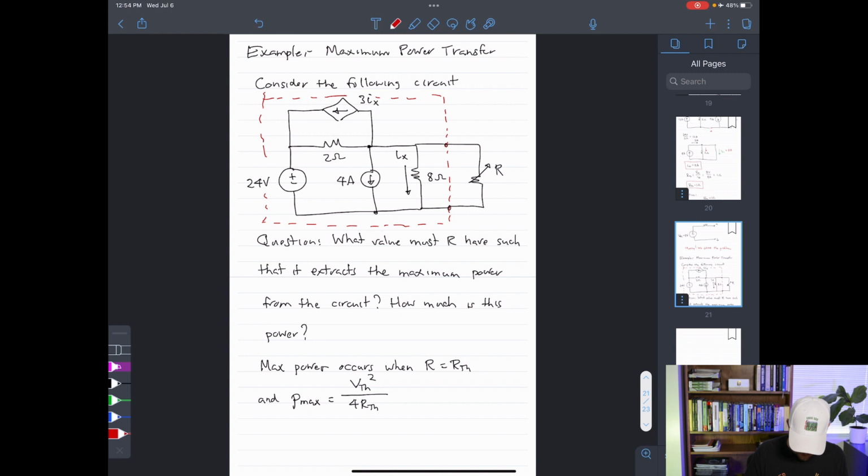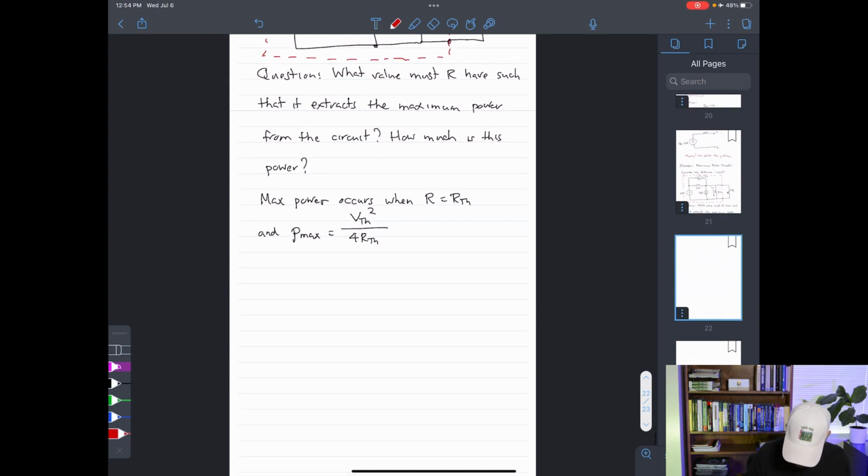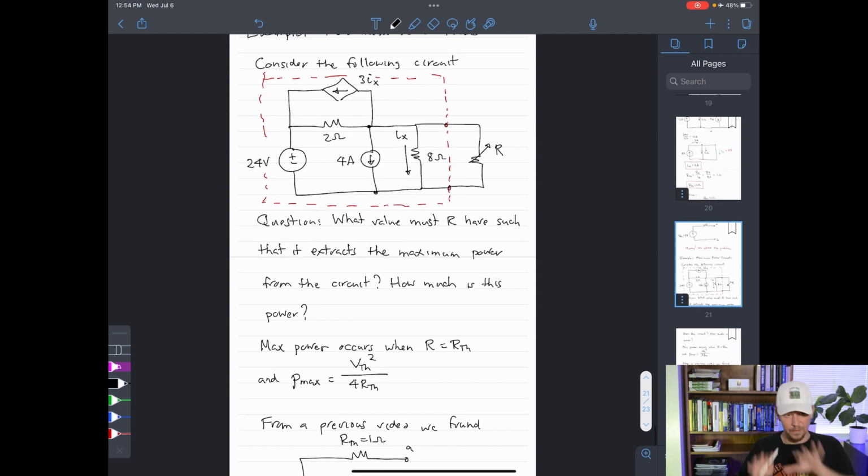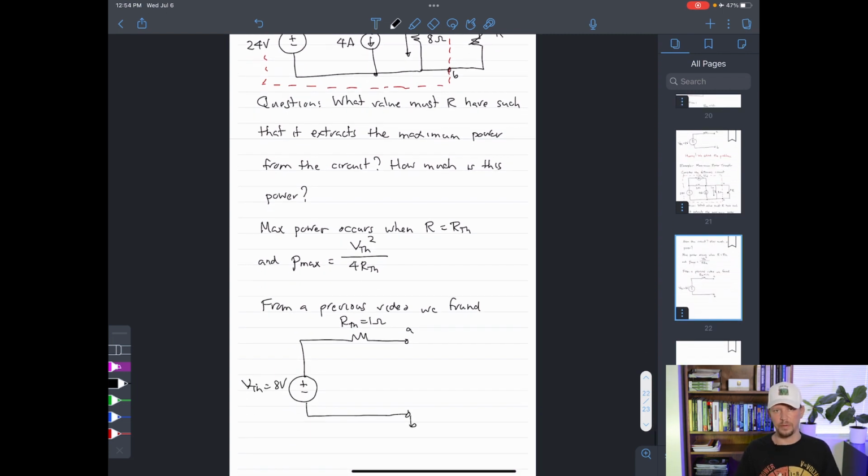So from a previous video, we found that the Thevenin equivalent of the circuit inside of the box with respect to the terminals A and B, well, the Thevenin voltage was 8 volts and the Thevenin resistance here was 1 ohm. So that entire complicated circuit in the box can be replaced with a single voltage source in series with a simple resistor, and those were the values that they had to have.